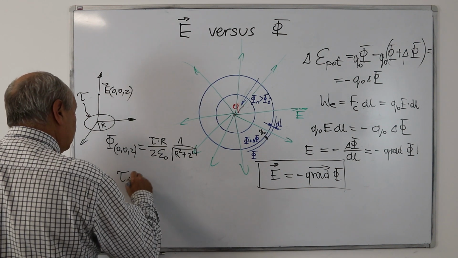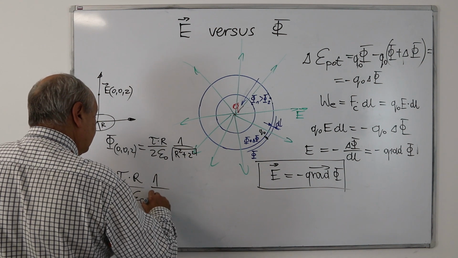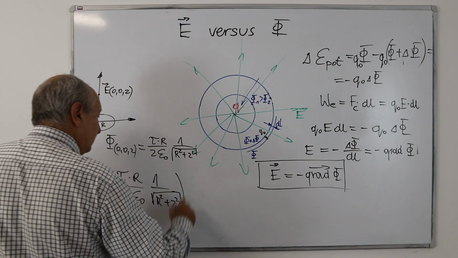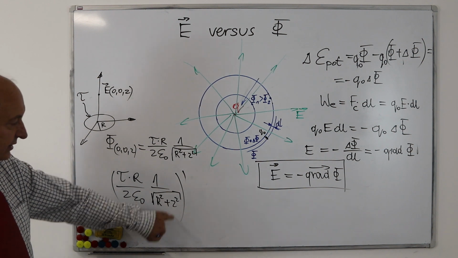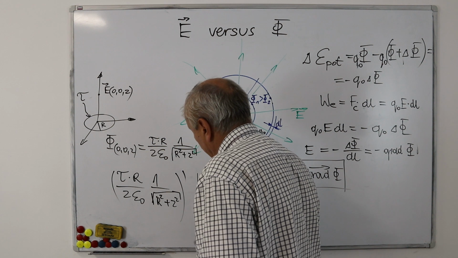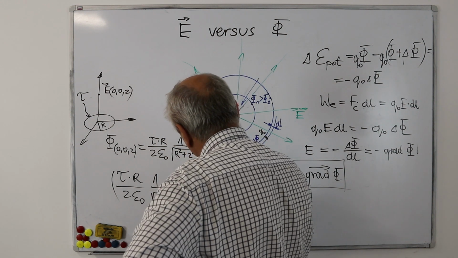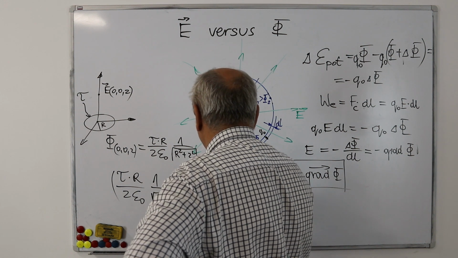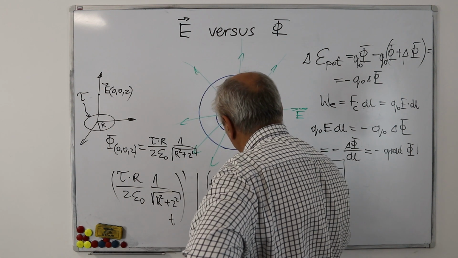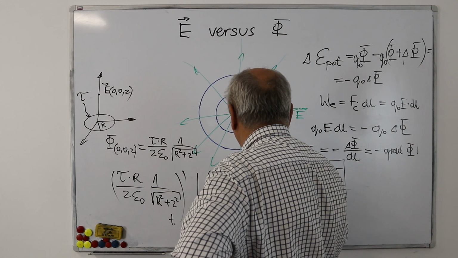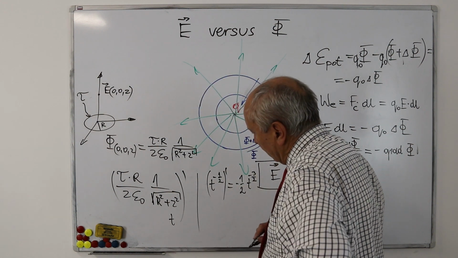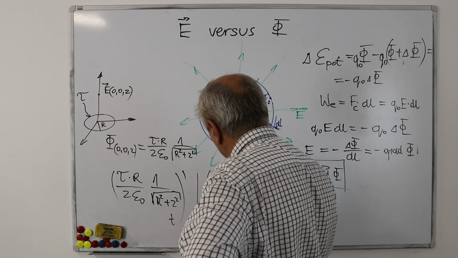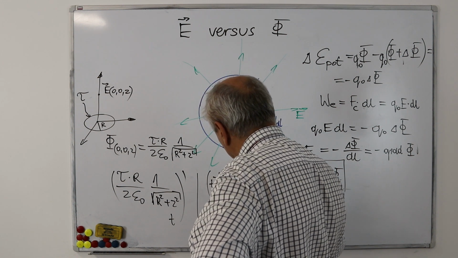So let's make r tau over 2 epsilon 0, 1 by the root of r squared plus z squared, and we take the derivative according to variable z. We see that this under the root we call t, it is to the power minus 1/2, so it is minus 1/2, t to the minus 3/2, and the internal derivative: from z squared, the derivative is 2z.